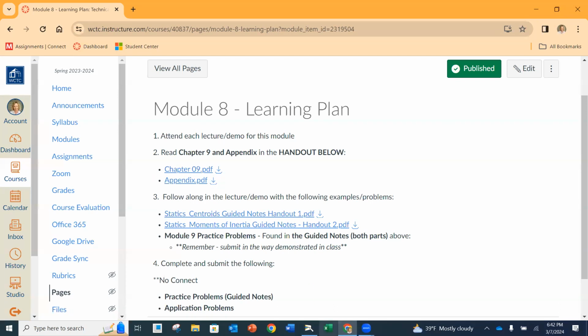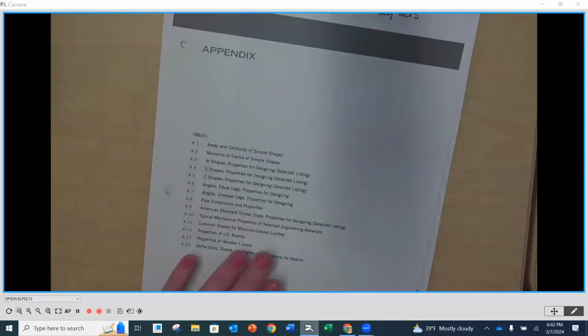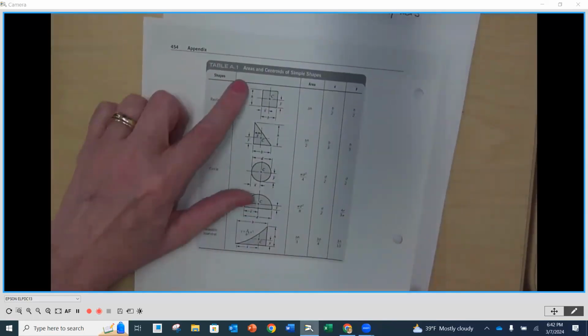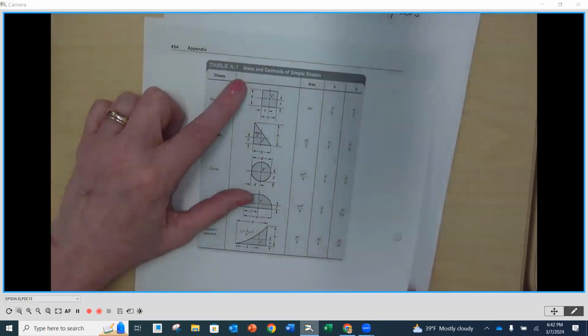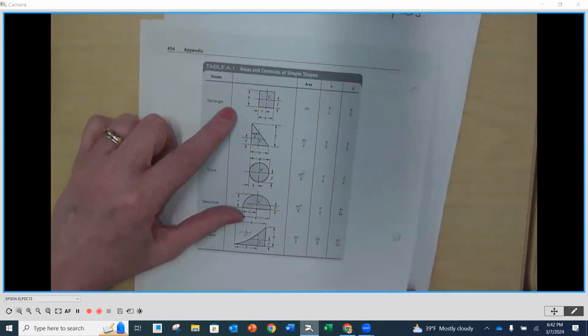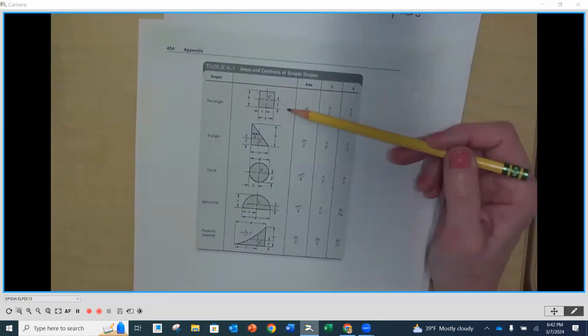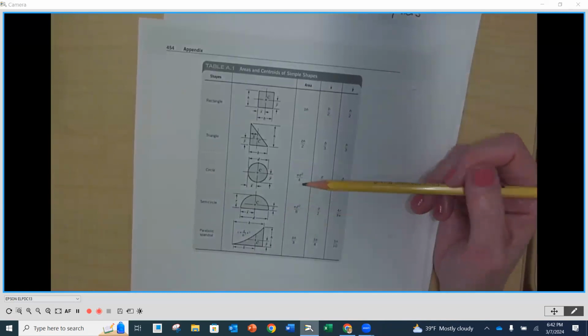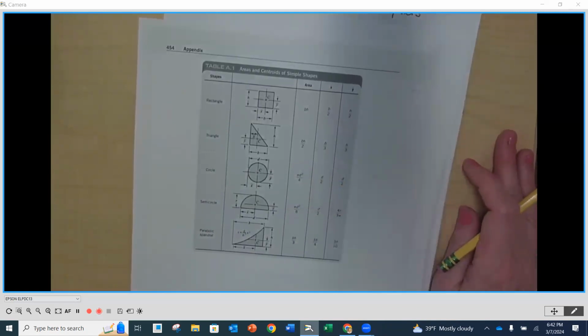At the beginning of the appendix, you're going to see a chart of the areas and centroids of simple shapes. Here you'll notice we have a square, a triangle, a circle, a semicircle, and then a parabolic spandrel.